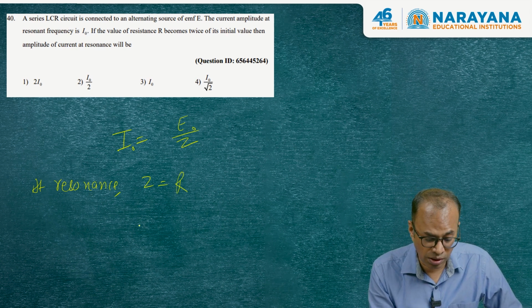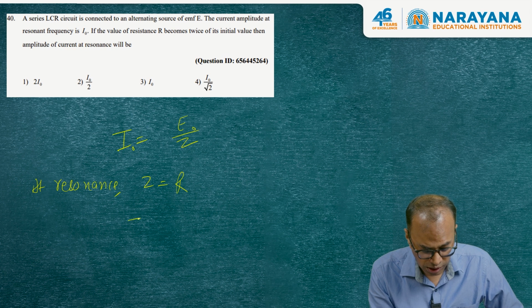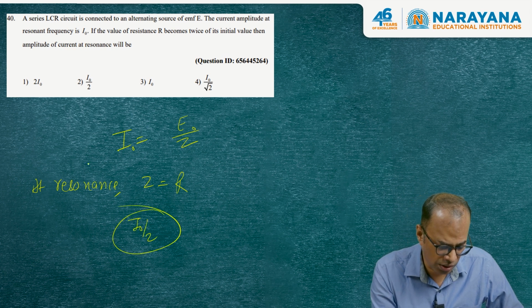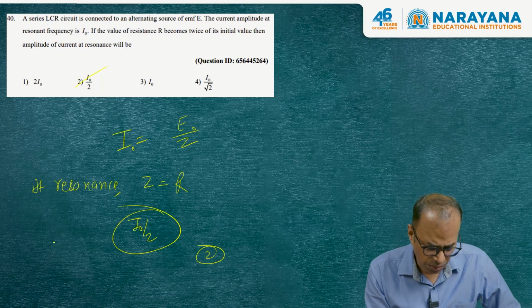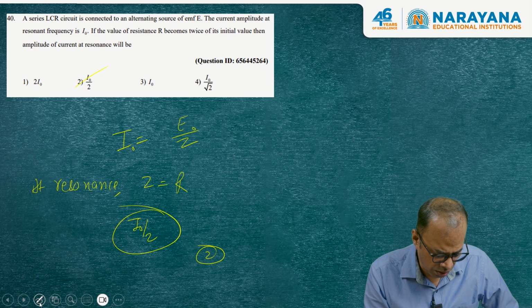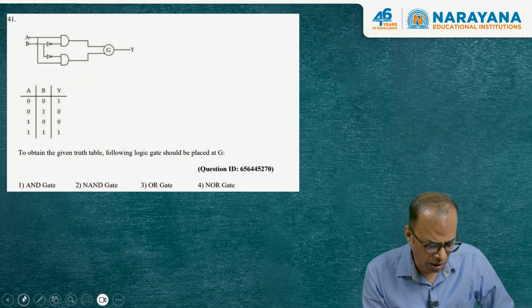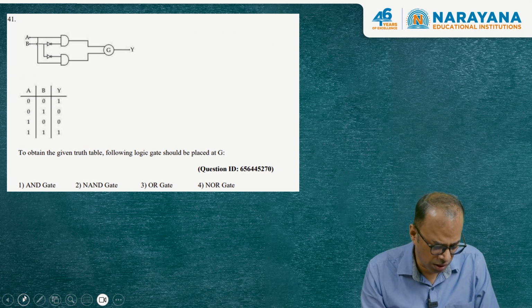So if R is doubled, Z will be doubled and amplitude will be halved. So answer is option 2. So this is a mix of easy questions and some tough questions. You have to save time on easy questions and then you can solve the tough questions also.